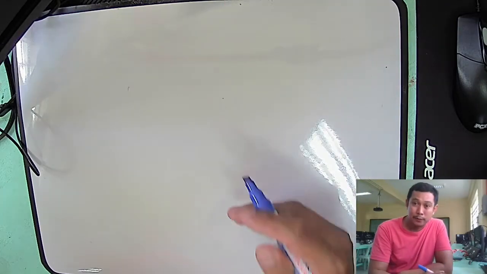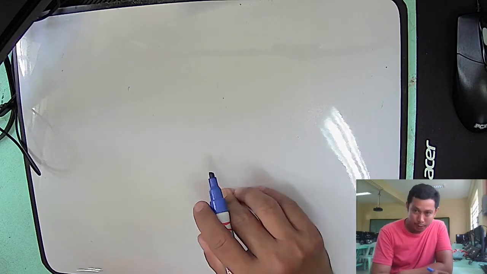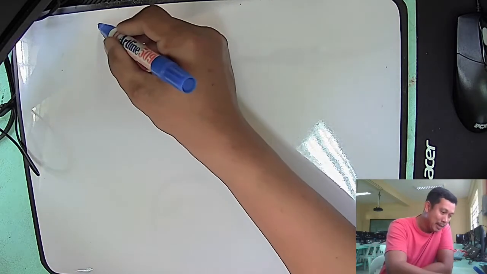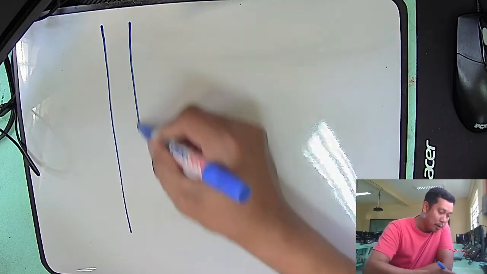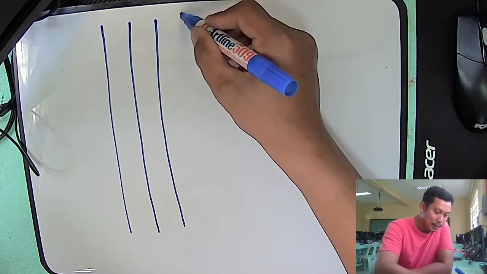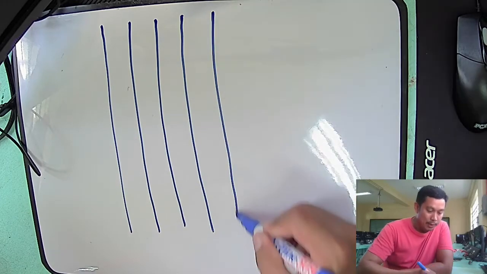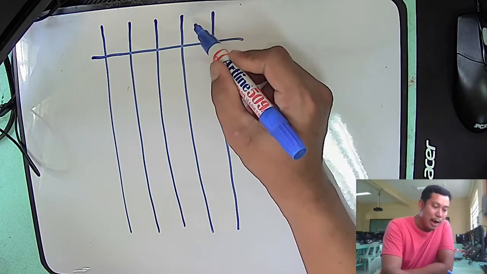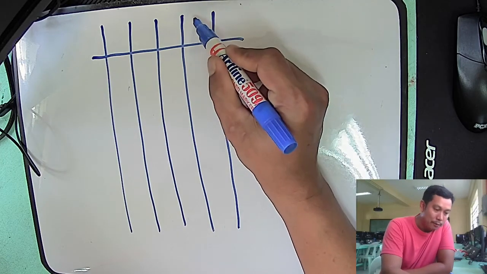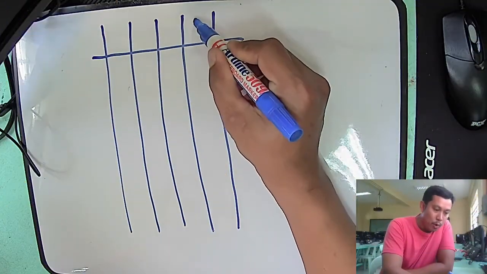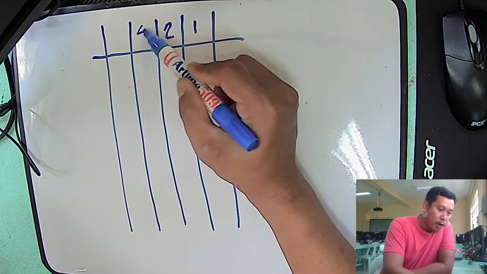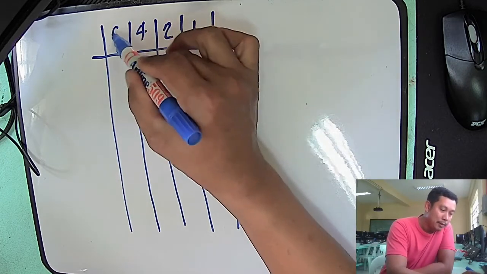So earlier part of this lesson, we are told of a 4-bit word in binary. Okay? So we're going to base our answer in this table. Okay? In this table. So we're going to have, since this is a binary, we're going to have 1, 2, 4, and 8.